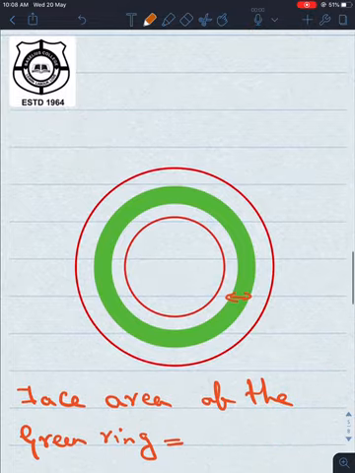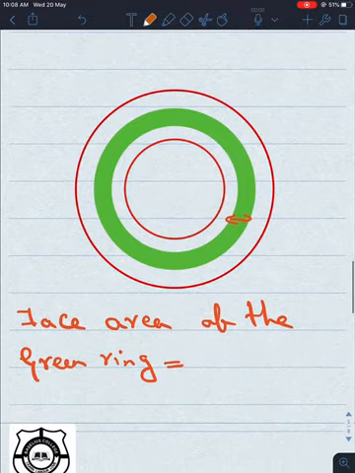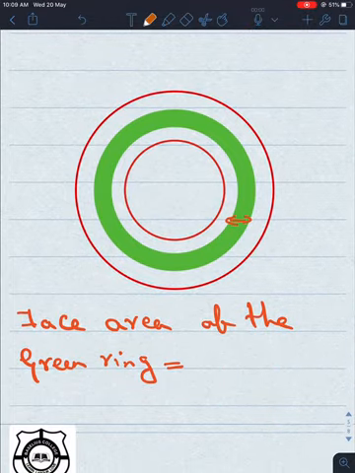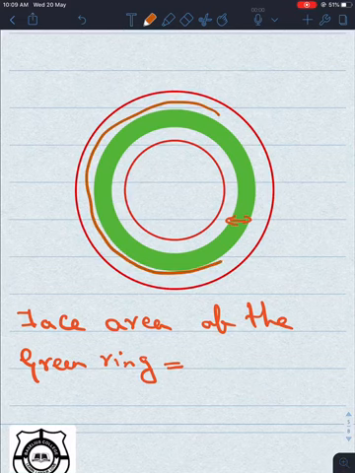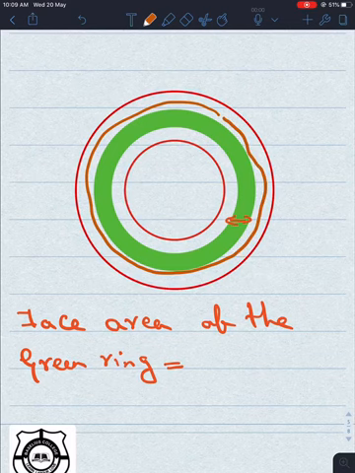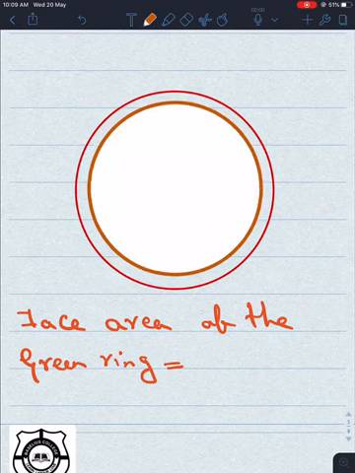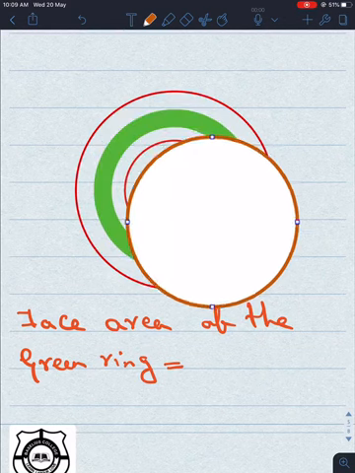Now coming to the derivation, as we have calculated the mass per unit area, now we have to calculate the moment of inertia. We can see that a concentric annular ring is made up of different concentric circles. So I can also imagine another circle like this.